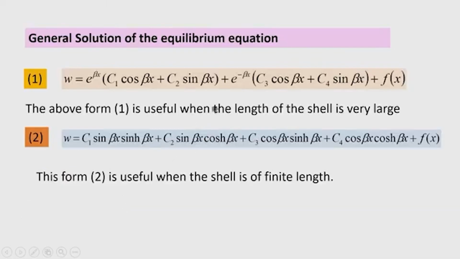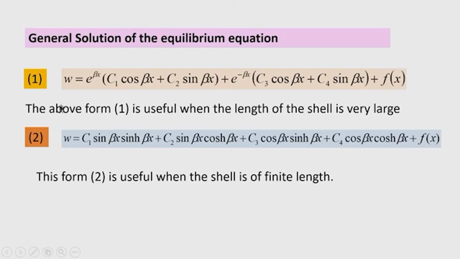Okay. So, there is a forcing term present in the differential equation of equilibrium, and the forcing term is due to the pressure that is acting normal to the shell surface, and the solution of that particular integral is f x. Later on we will prove that f x is nothing but the membrane solution of the shell.